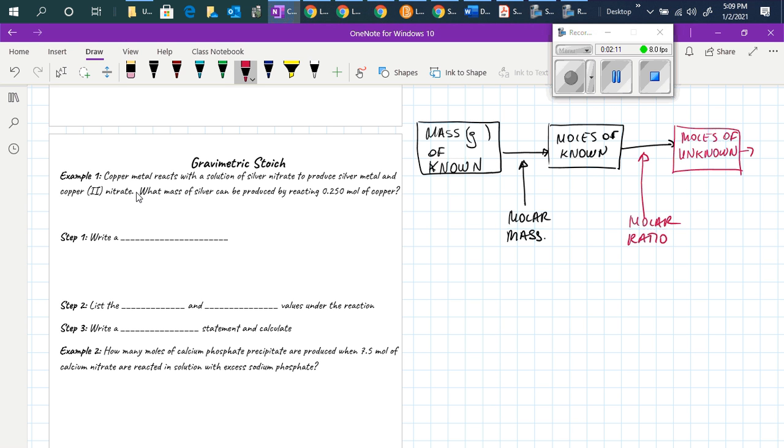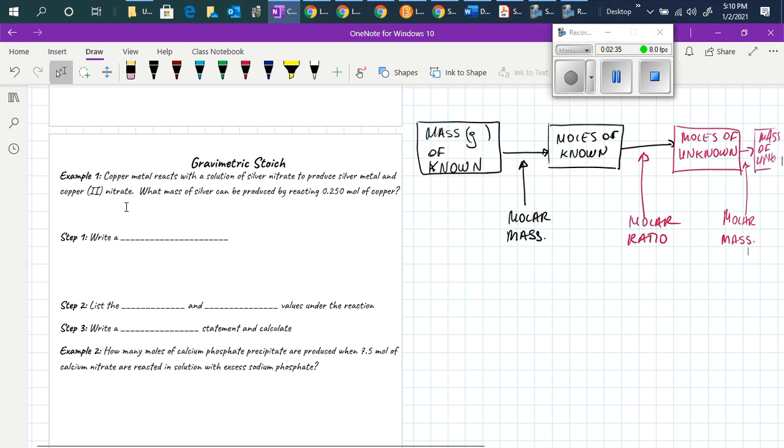Or if the question is asking only for moles, then we stop here. Let's work through an example.